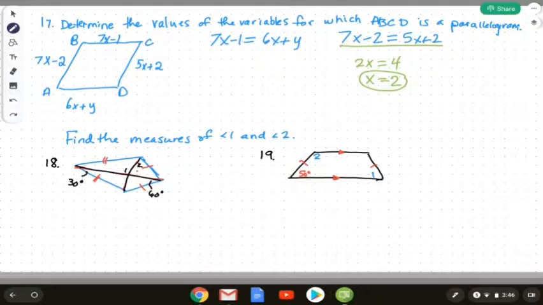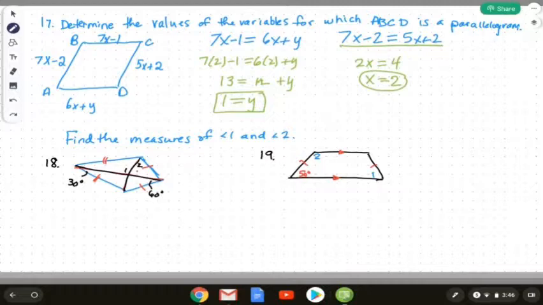So I'll have 7 times 2 minus 1 equals 6 times 2 plus y. So 14 minus 1 will be 13, which is equal to 12 plus y. I subtract 12 and I get y equals 1. Now they didn't ask for the length of the sides, they just wanted the values of the variables, so we don't have to go any further than that.